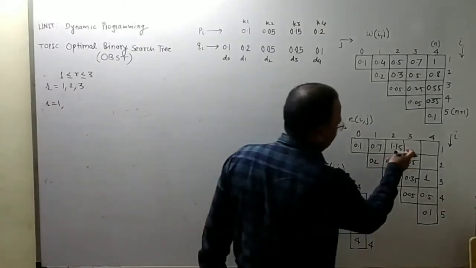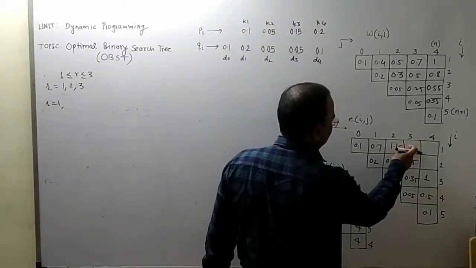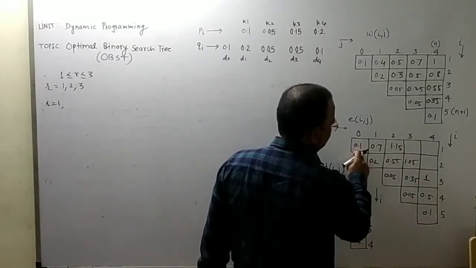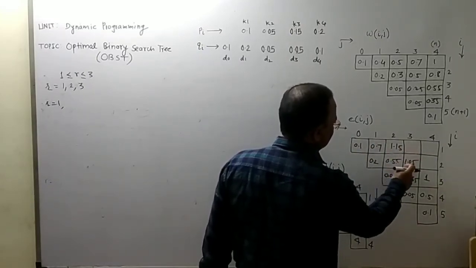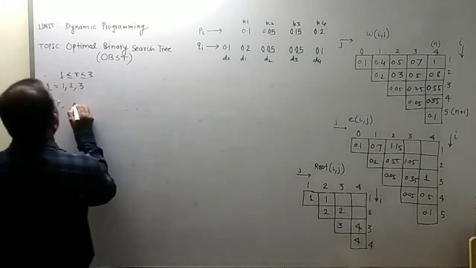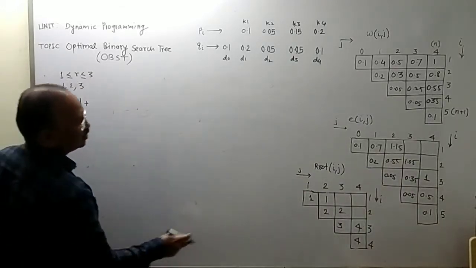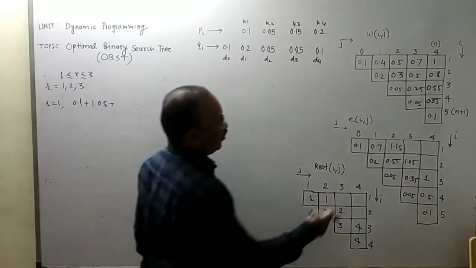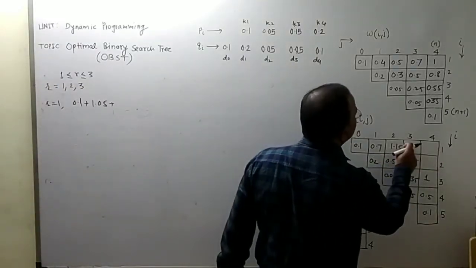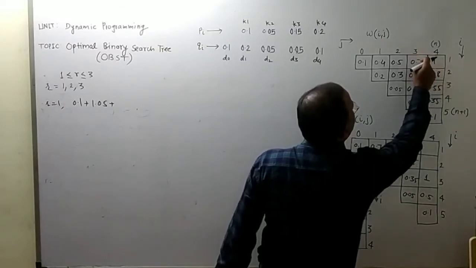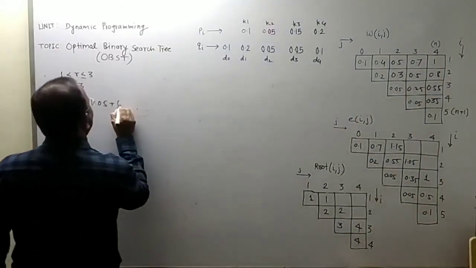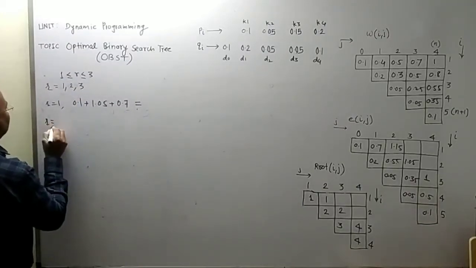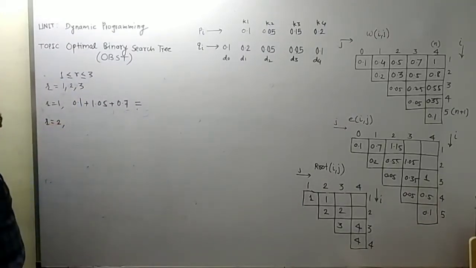Now in the left side we have to consider the last value 0.1 and in the downside we have to consider the nearer value. 0.1 plus 1.05 plus the value at the 1, 3 cell in the W table, that is 0.7, is equal to.